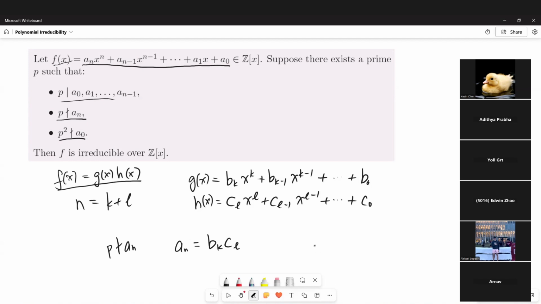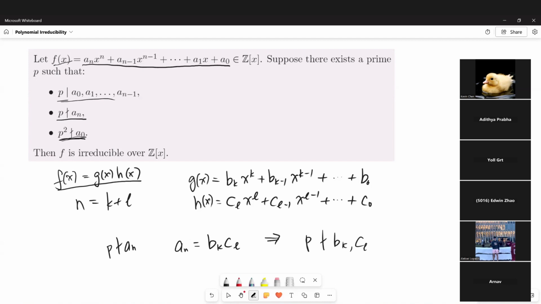And so since a_n is equal to b_k times c_l, and p doesn't divide a_n, that means that p must not divide either of b_k or c_l. And for this condition over here, p divides a_0 and p squared doesn't divide a_0.